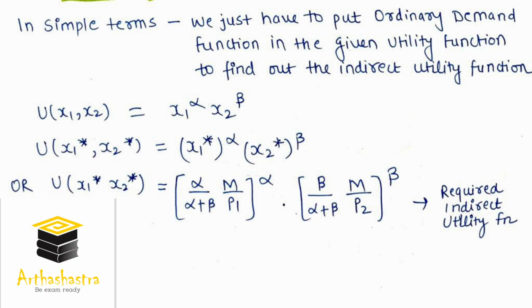So this is the required indirect utility function. We can solve it further, but it's not required because we have been asked the indirect utility function and we have derived it, so no need to solve it further because it's time consuming and not required.